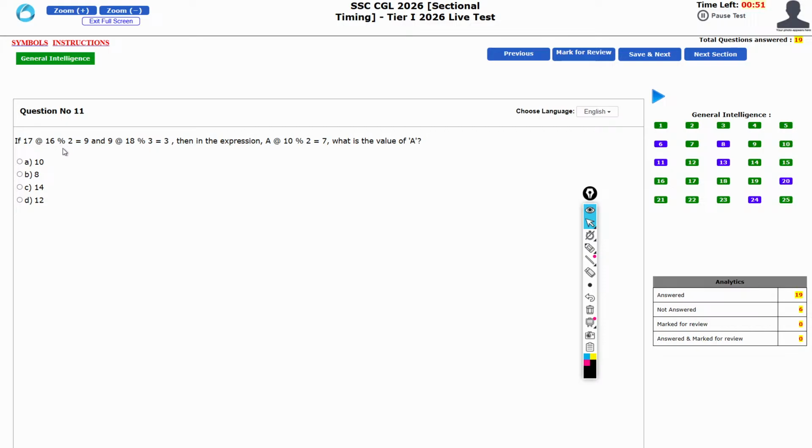Plus divide into divide into. Okay, 17 minus 16 by 2. Okay, so this is divide 5. So a minus 5, so a is 12.